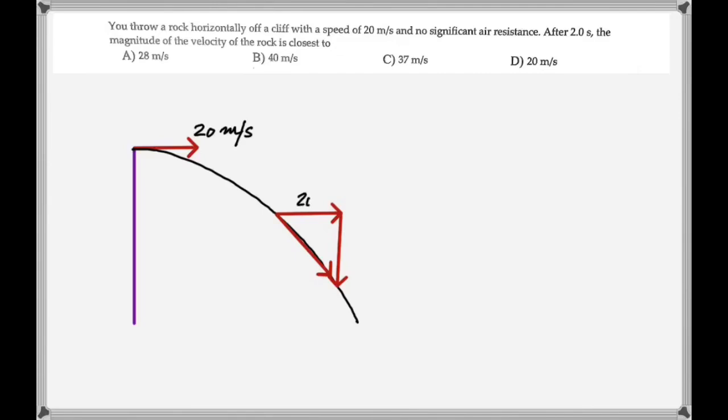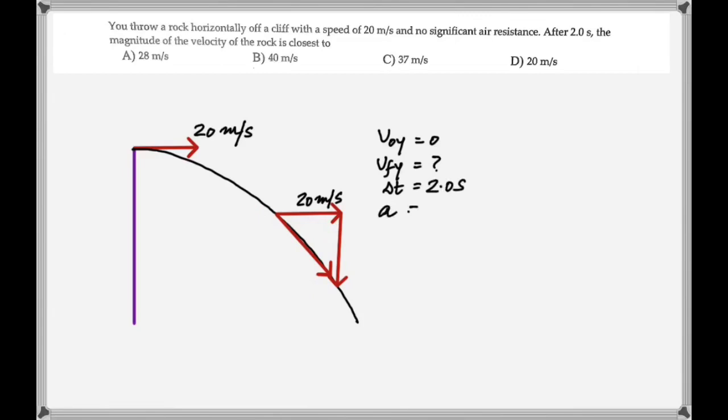Let's find the vertical velocity after 2 seconds. So what do we have? Do we have the initial vertical velocity? Yes. That's 0. We're looking for the final vertical velocity. We know that the time is 2 seconds because it's given in the problem.